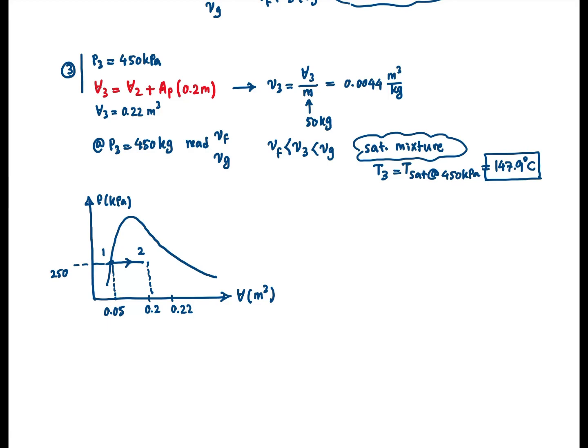But I see that pressure increases to 450 kilopascal. So let's say somewhere here. So let me change my dome because I do not have enough space under the dome. And let's change this, somewhere here, 0.22.